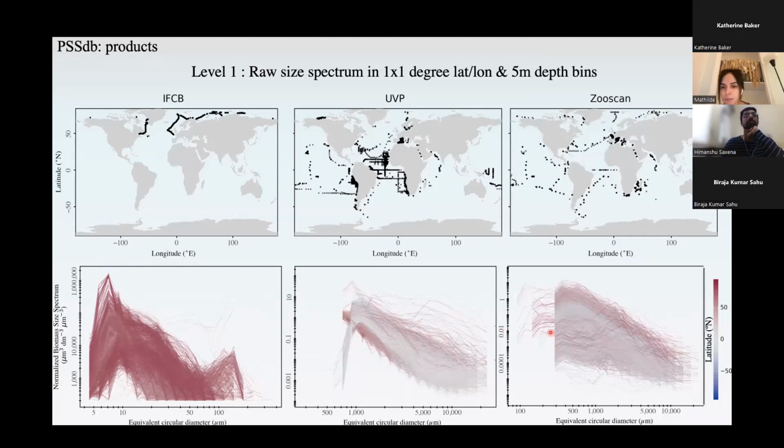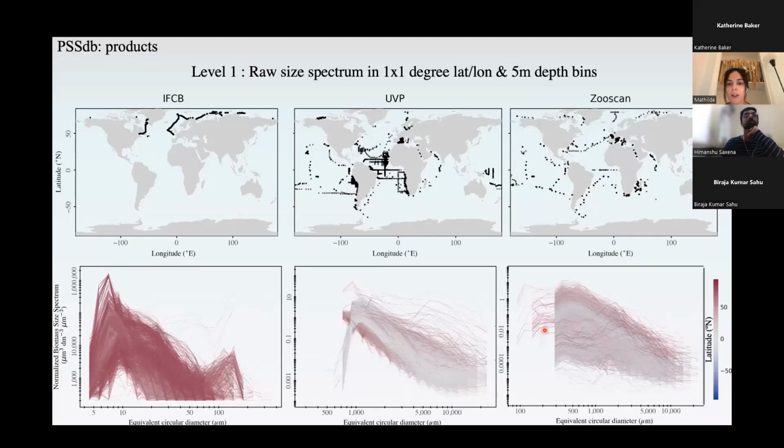Here you'll notice some shift in the size spectrum. It is just due to different mesh net types, which have different meshes. So that allows us to see roughly organisms that are around 300 micron or less.